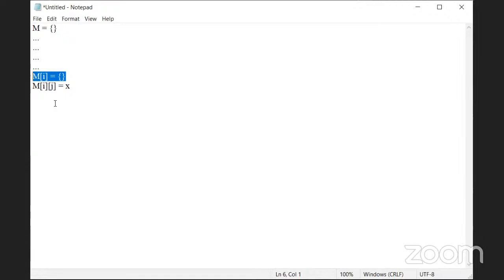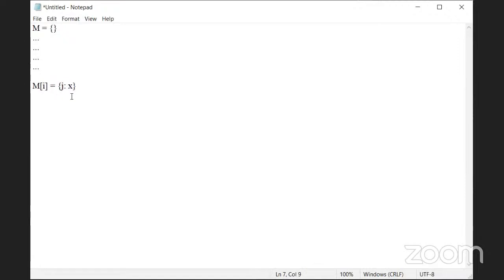Sir, we can also write M of I is equal to a dictionary with J as a key and value as X. Yeah, this is good because you didn't create J directly. You created I and assigned an existing dictionary to it, which is okay.